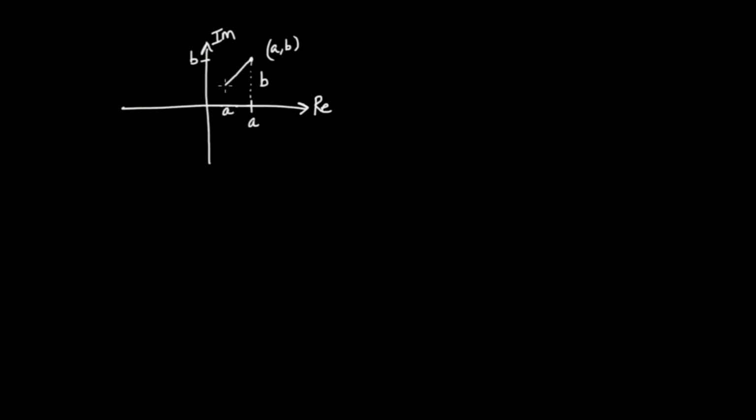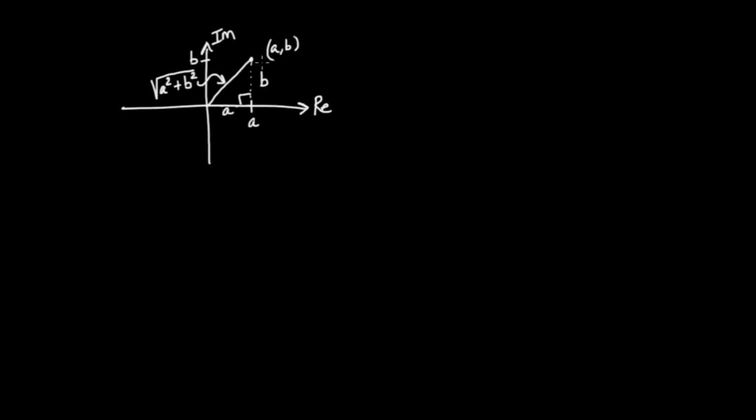And I can complete a right triangle, just like so. And by the Pythagorean theorem, the length of this hypotenuse here is going to be the square root of a squared plus b squared. That'll be the length of that hypotenuse there.